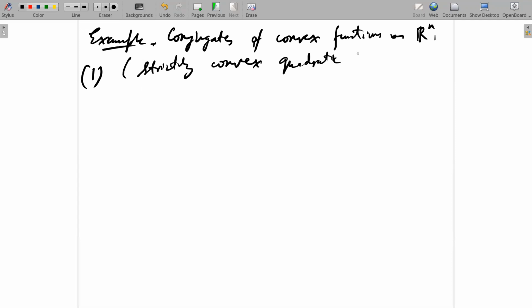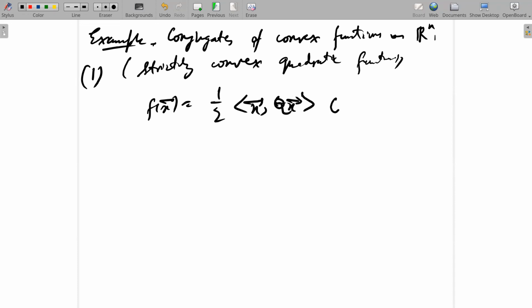Okay, strictly convex quadratic functions. So f of x equals half x transpose Q x. So this is Q, and Q is positive definite, meaning it is also invertible. All the eigenvalues are strictly positive.